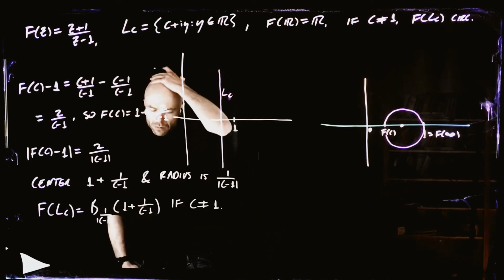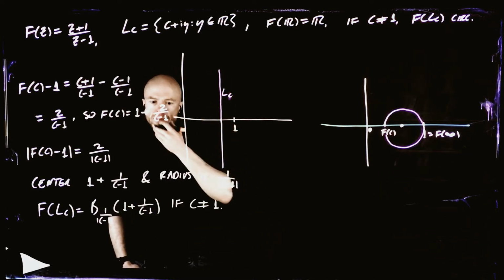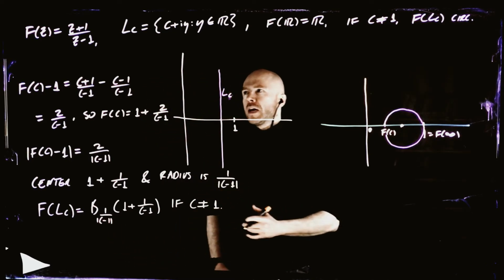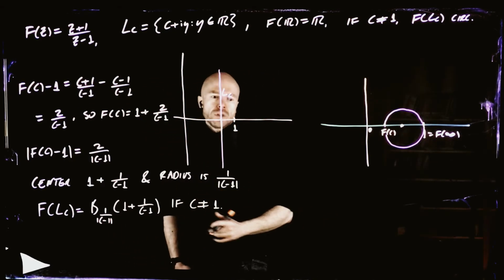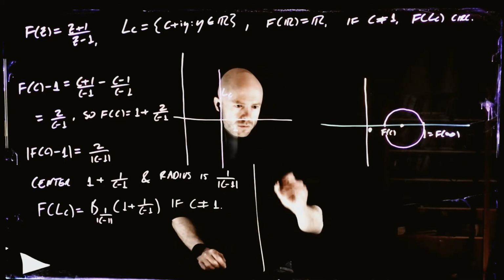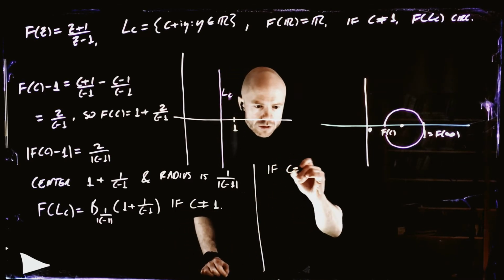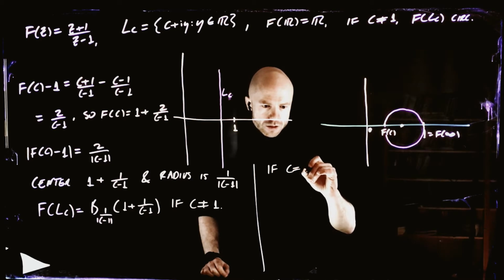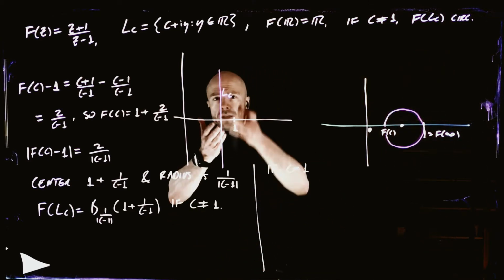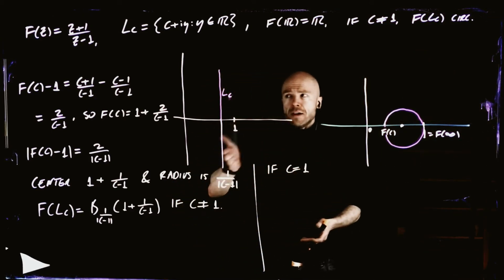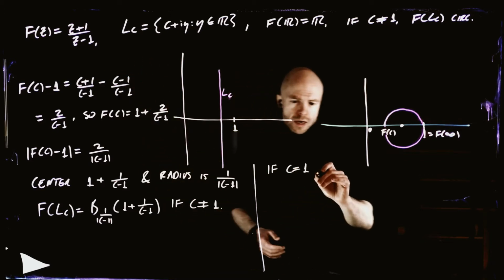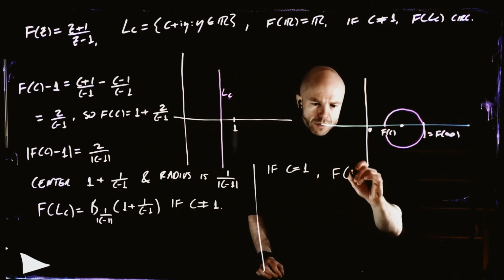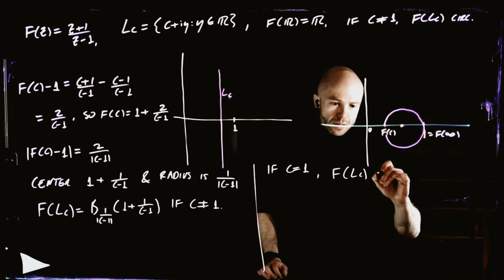And this makes sense, right? Because when we compare it to what happens when C is actually equal to 1, this line goes through the 1, and therefore we are sending a line to a line. Then f of L of C is a line.